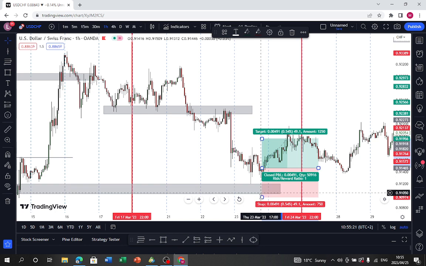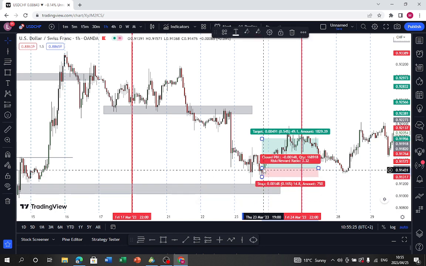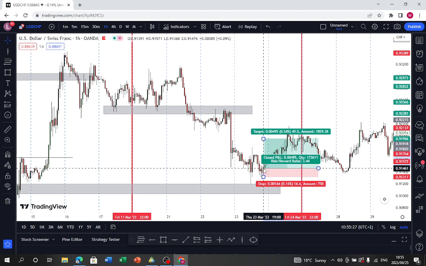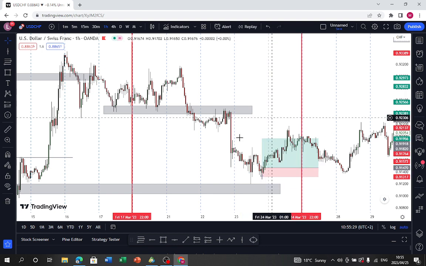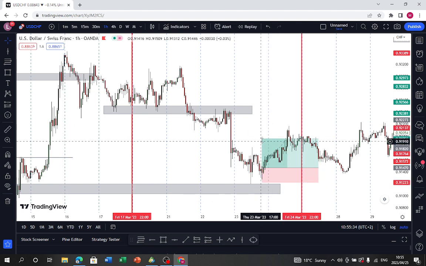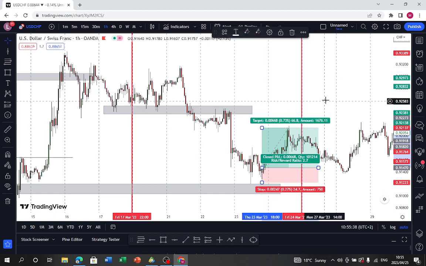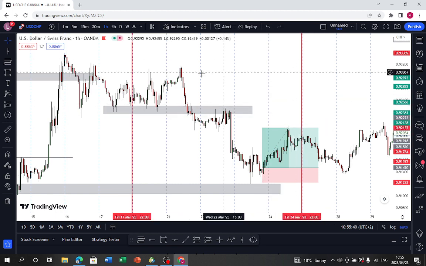Even on Tuesday you can see where the market was, then on Wednesday you can take your entry. So here you are allowed to take your entry on Thursday. Let's say we took this entry at this point, we place our stop loss here. Then where are we expecting our take profit to be? Above here, because we are expecting to be bullish.